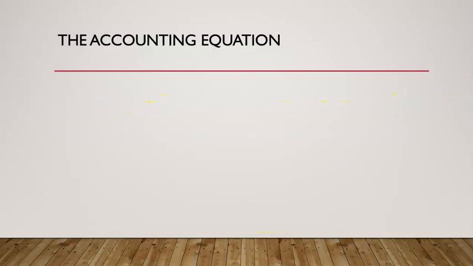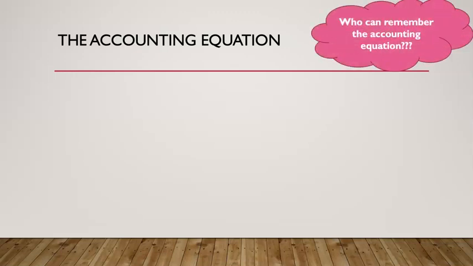And this is important because, as I said, they are the building blocks of accounting, and this is because these are the key aspects of the most important equation in accounting, the accounting equation. Can you remember what I'm talking about when I say the accounting equation?